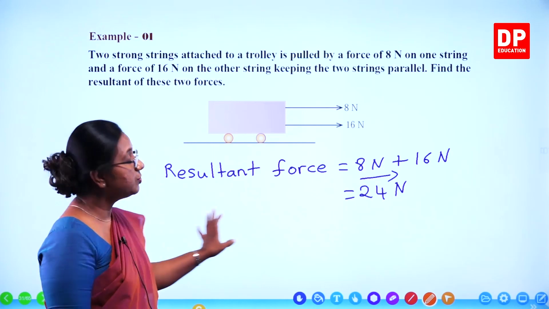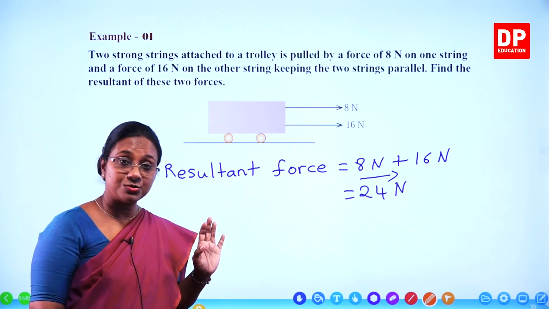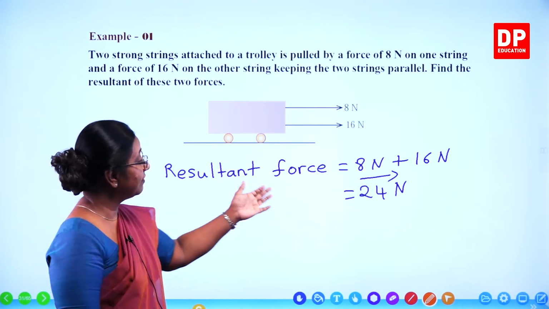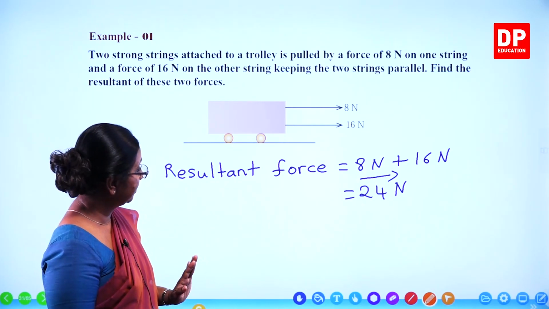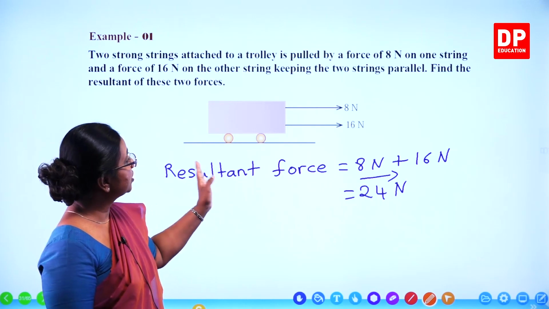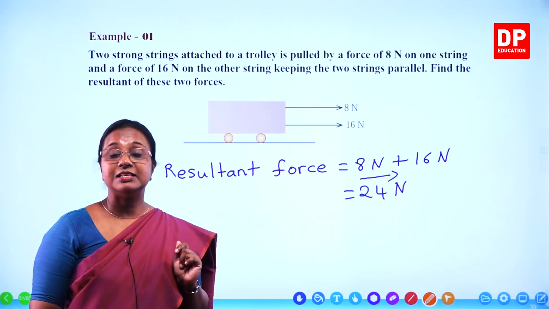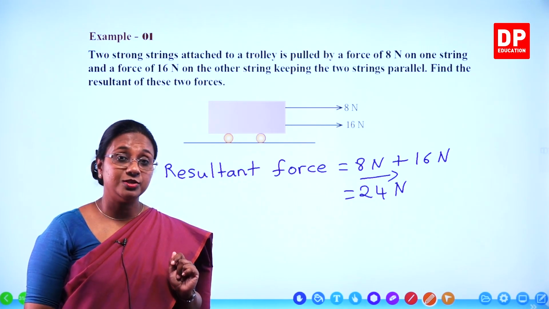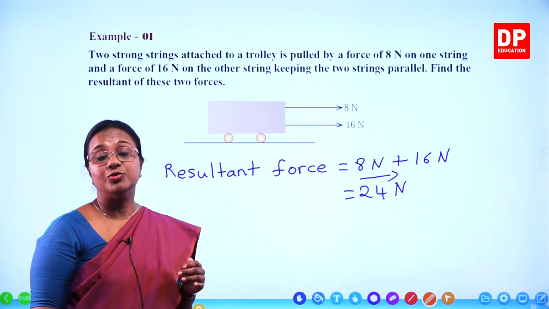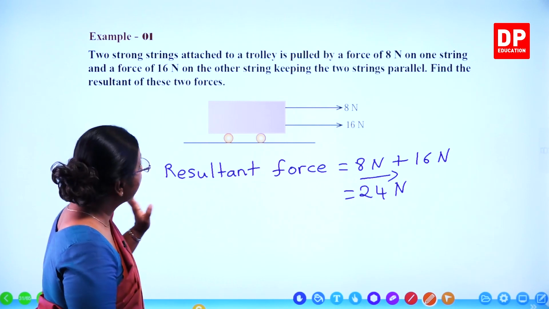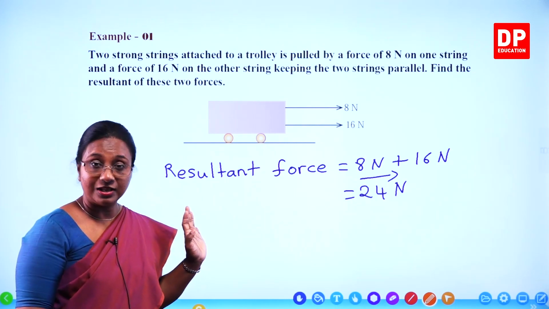So, here students, mostly I am using the direction as well, so you become familiar with what is happening there. So, a simple example. When you have two parallel forces in the same direction, the resultant is the sum of the two individual forces, in the same direction as the individual forces as well. So, that is how we do the calculation.